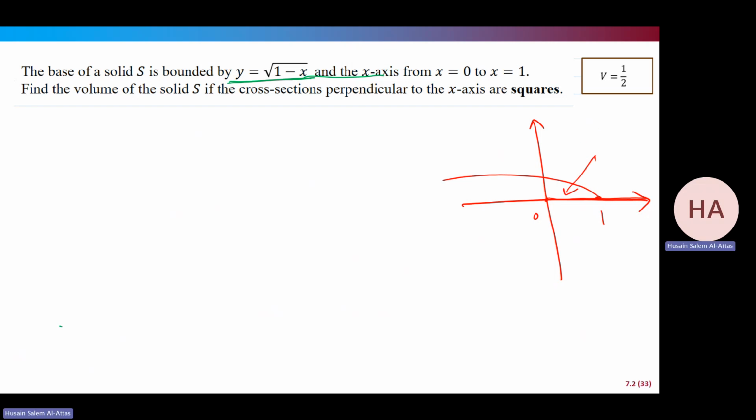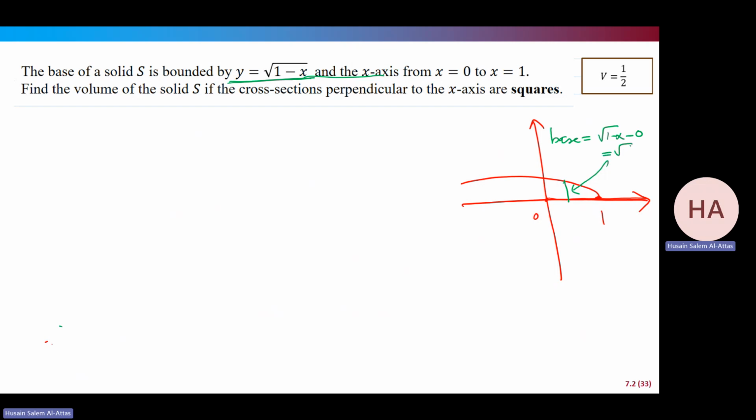Okay, so I have the line. Let me do the line like what we did before. That will be my line. What is the length of this line? It will be the function, which is the base, the function minus 0.